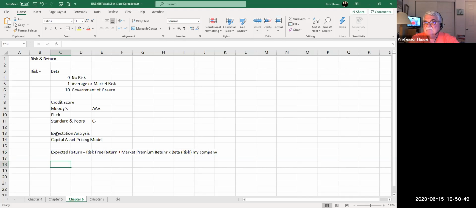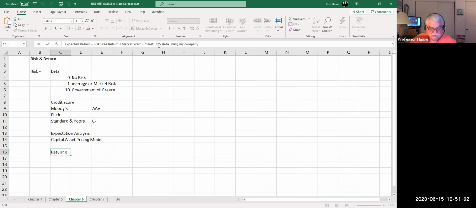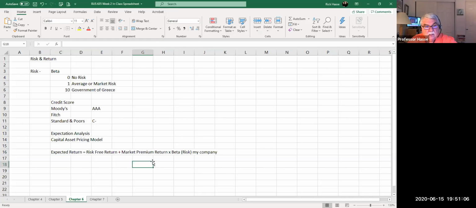That's it in English. Expected return is generated by determining the risk-free rate of return, adding that to the market premium return. Nice spelling, Mr. Hasse. You'd think I'd been drinking all day the way I'm typing tonight. The market return times the beta, the statistical calculation of risk for our business today.